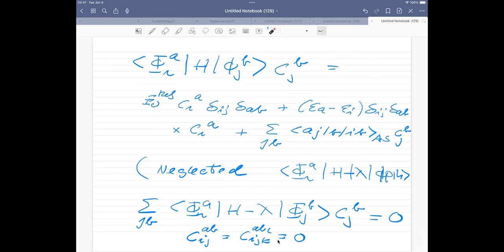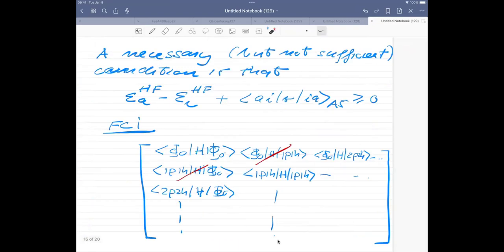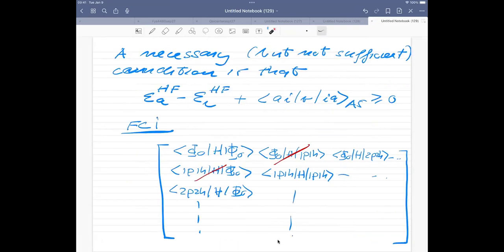You can then mix in two particle, two hole excitations, and then it's called the random phase approximation. And we are coming back to that one a little bit later. So this was just a small digression on how you can actually approximate the full diagonalization problem.